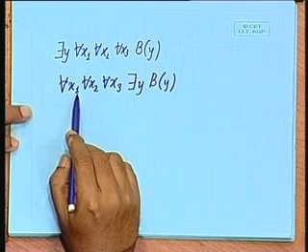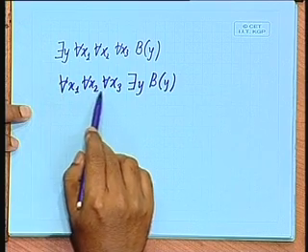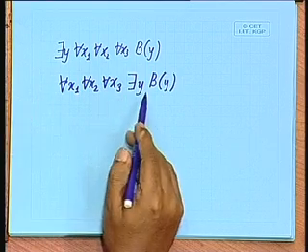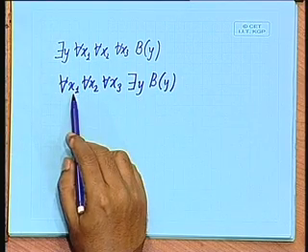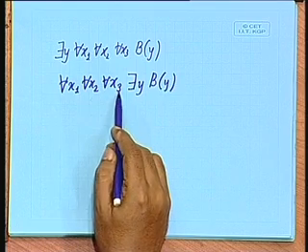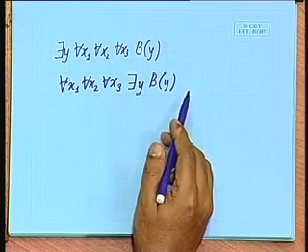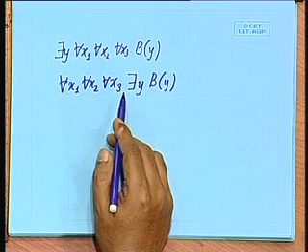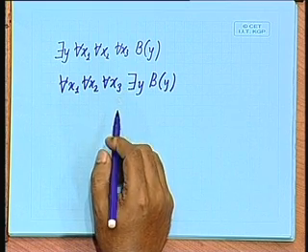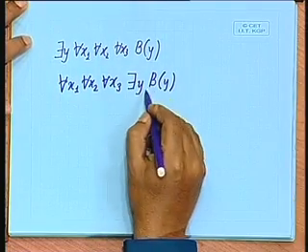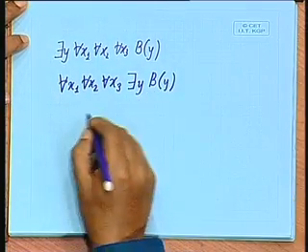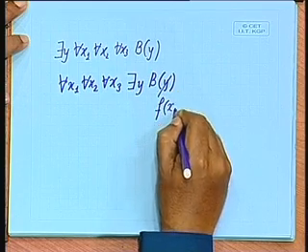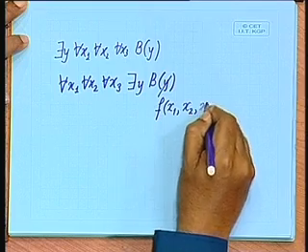But here it says that for all values of x1, x2 and x3, for each of those combinations of x1, x2, x3, there has to be some y. So, if x1 is a, x2 is b and x3 is c, then we can have one y. If x1 is p, x2 is q and x3 is r, then we can have another y. Those two y's need not be the same y. Therefore, when we replace this y with this term, we will replace it by a function of x1, x2, x3.